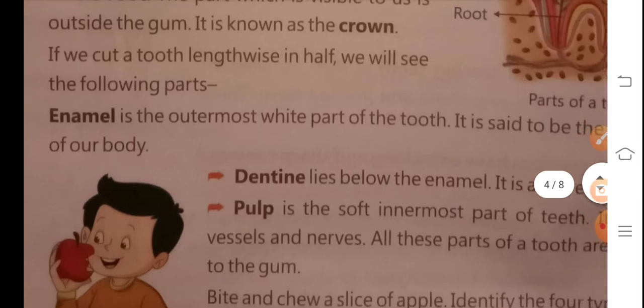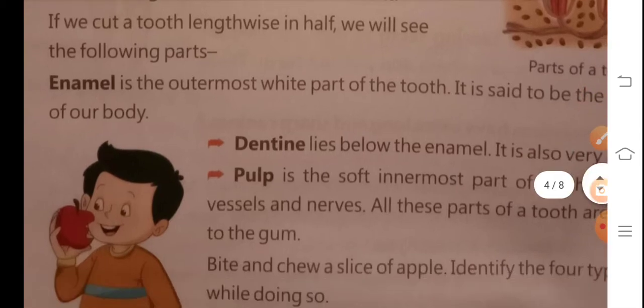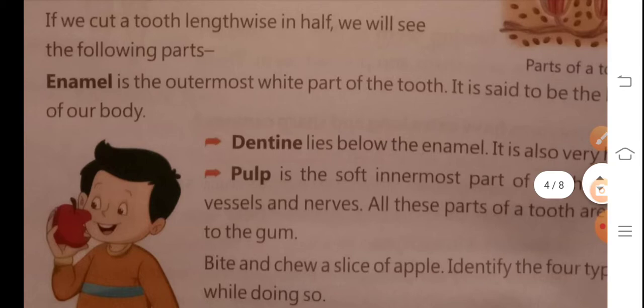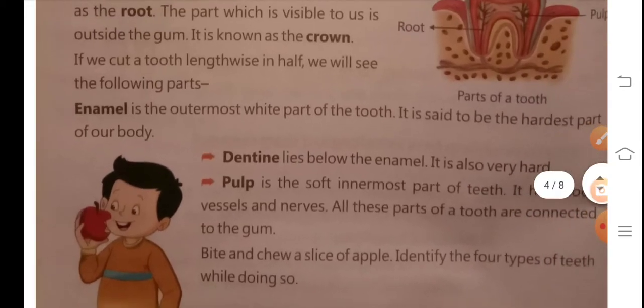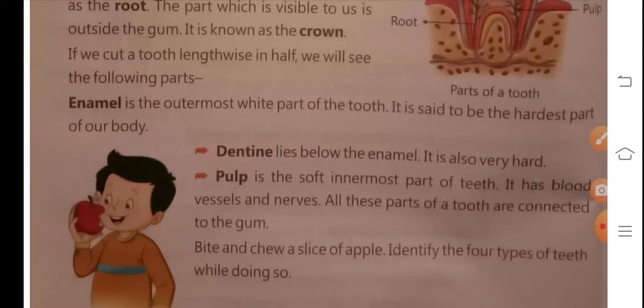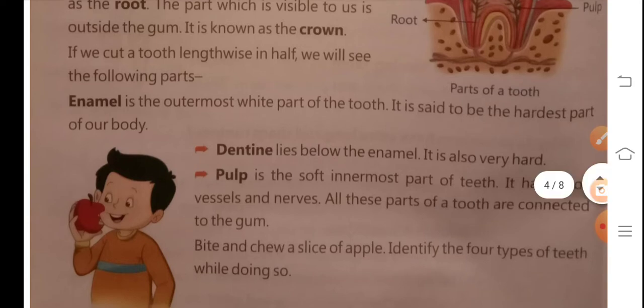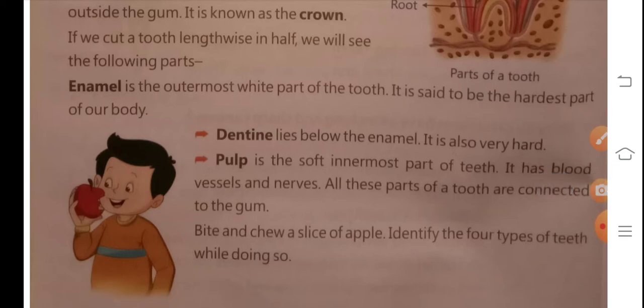The first part is enamel. Enamel is the outermost part of the tooth. It means the outside part of the tooth is called enamel. It is said to be the hardest part of the body.